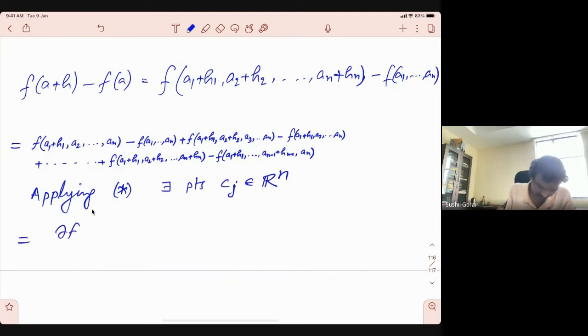So del f by del x1, the derivative with respect to the first variable, at C1. Let me discuss what C1 is.